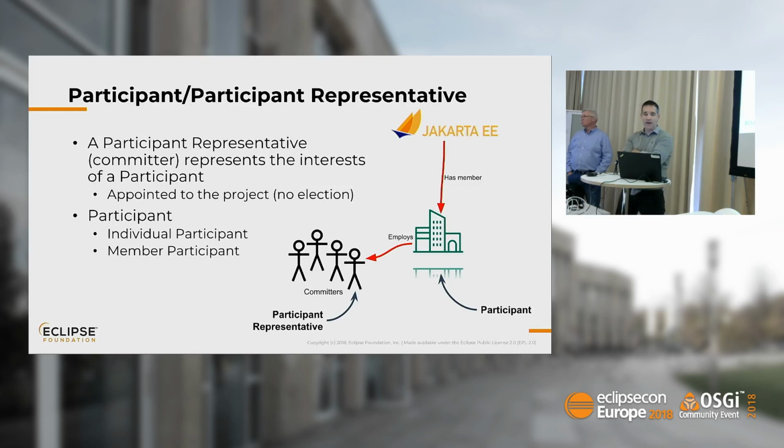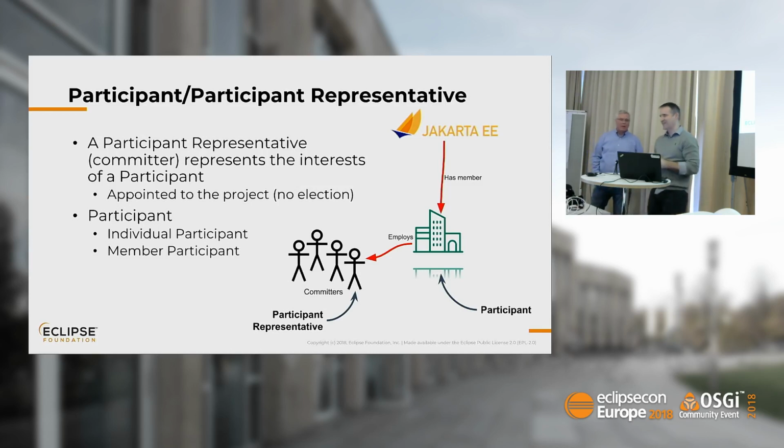I guess I should back up and talk about participants. A participant is an organization that participates in a specification. So an organization will assert that they care about a particular specification, and by so doing, they have the ability to basically appoint a representative onto the project. And that representative becomes a committer, and they have all the requirements that I mentioned earlier.